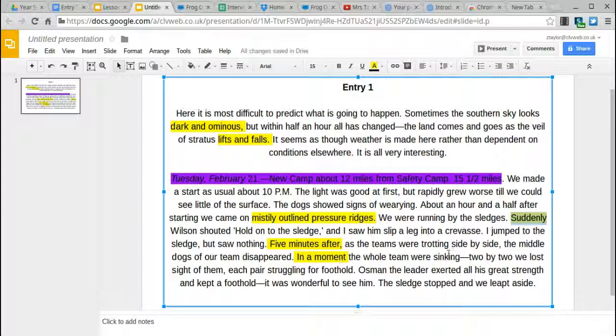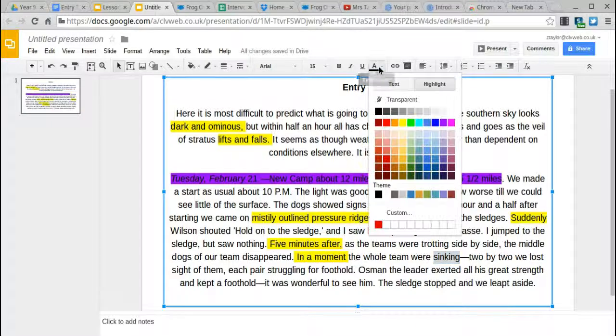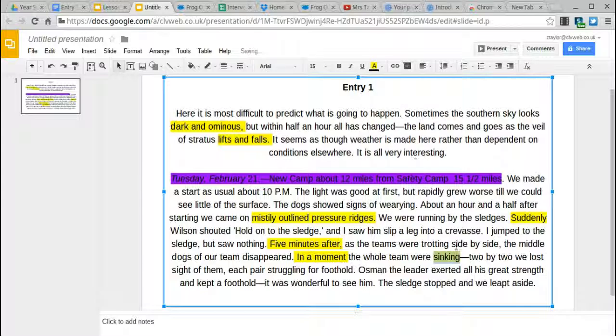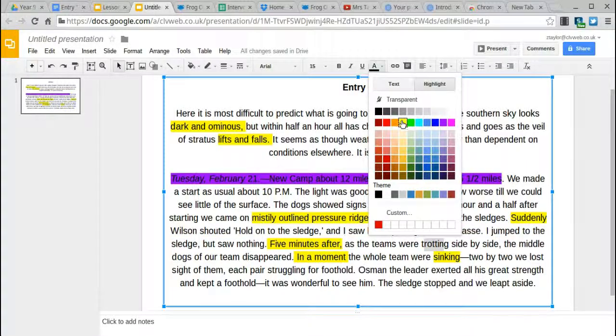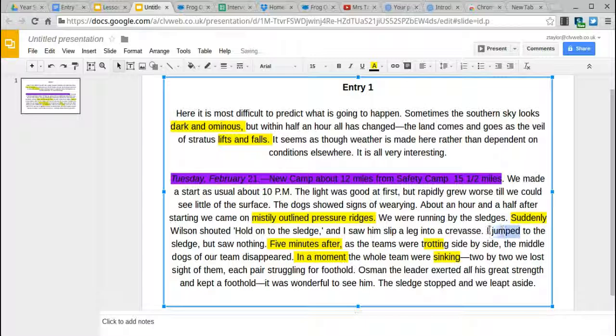The whole team was sinking. And you've got these sort of action verbs as well, which build up a sense of pace to the writing. Words like trotting and sinking. And also jumped you've got as well. So there's a real sense of pace with Scott's vocabulary choices that he makes here.